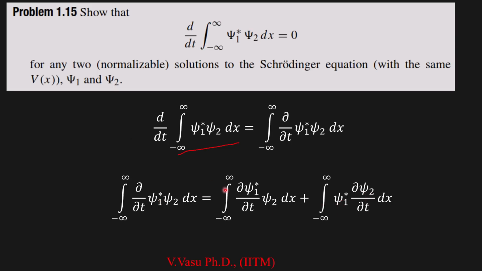So this becomes the integral of the partial time derivative of psi 1 star multiplied by psi 2 dx, plus the integral of psi 1 star times the partial time derivative of psi 2 dx. We will take this and move further.